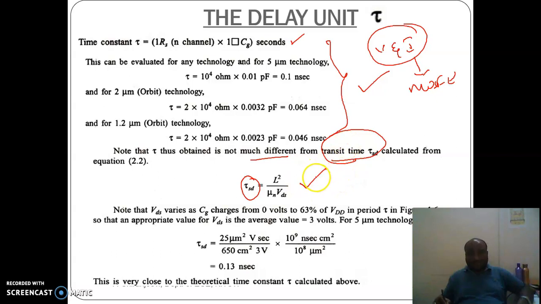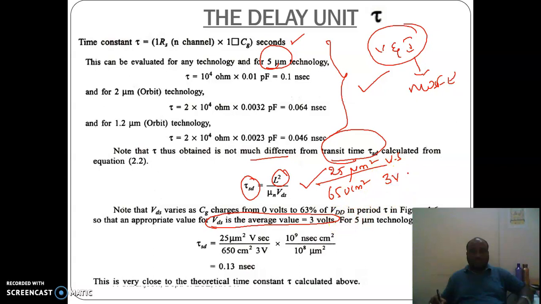If you substitute the typical values of channel length, for a 5 micrometer technology, the length of the channel is 5, so L square will be 25 micrometer square divided by mu n. The typical value of mobility of electrons is 650 centimeter square per volt second, and VDS, the average value of drain to source for N channel MOS, is 3 volts.